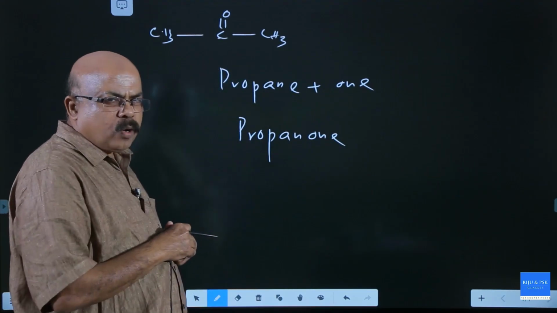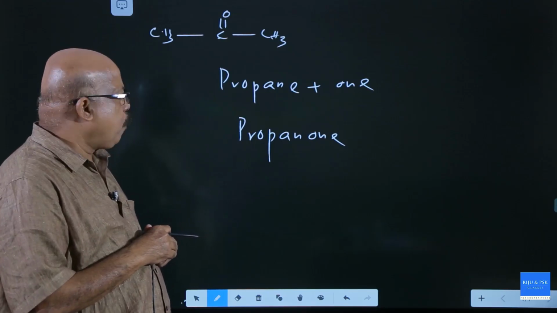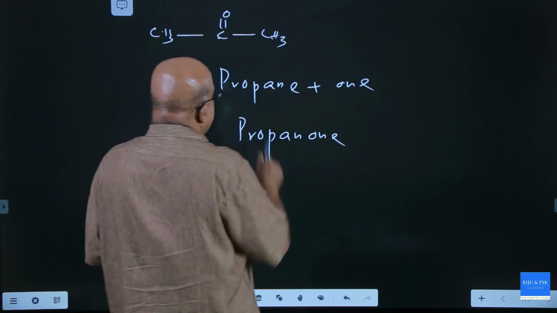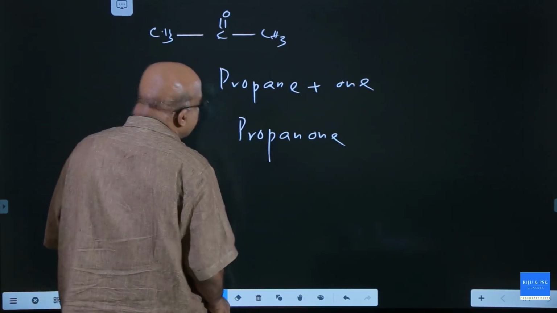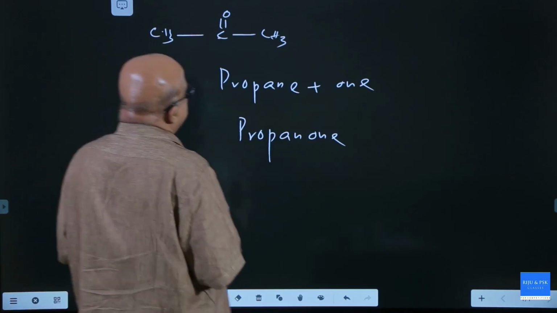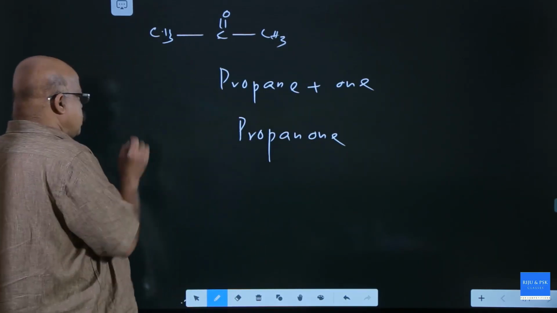It is propanone, and there is no need of mentioning the position because propanone always has the CO at position 2. It is obtained from calcium acetate.